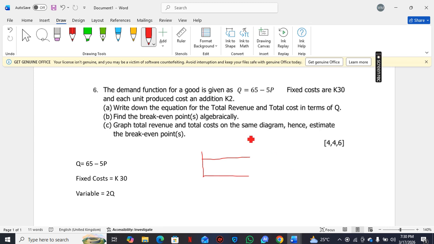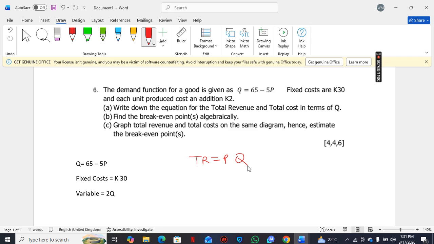All right. So part A, they've said write down the equation for the total revenue and the total cost in terms of Q. Colleagues, with these questions, they always have the same format. Now remember, total revenue is the price multiplied by the quantity.